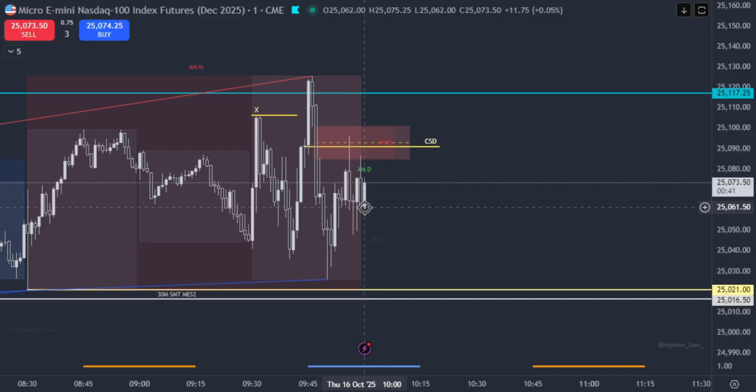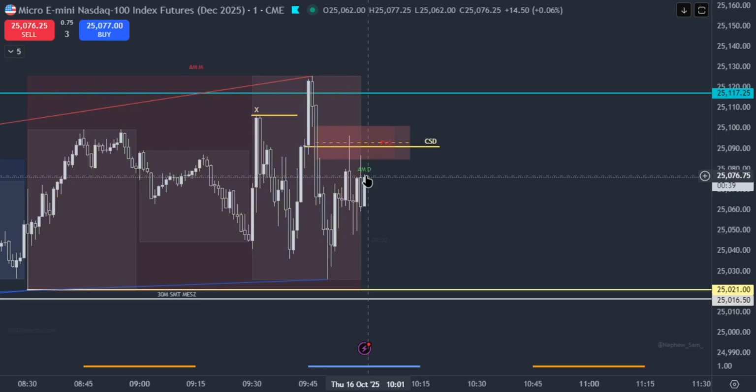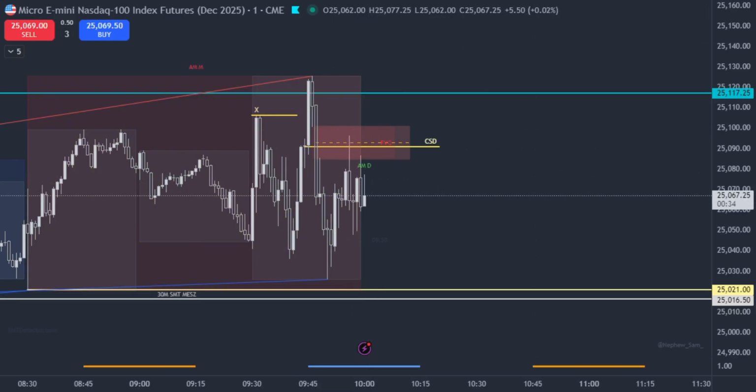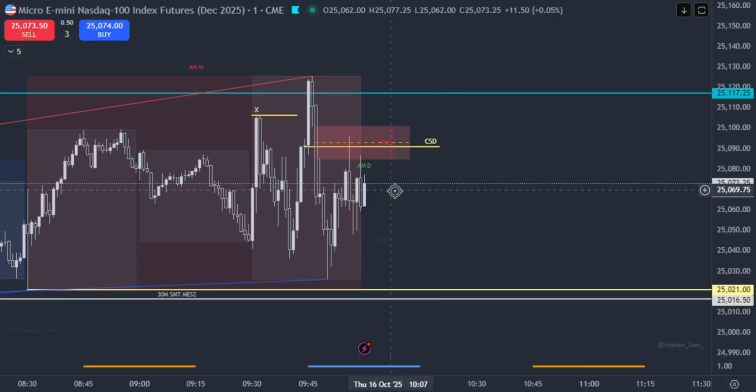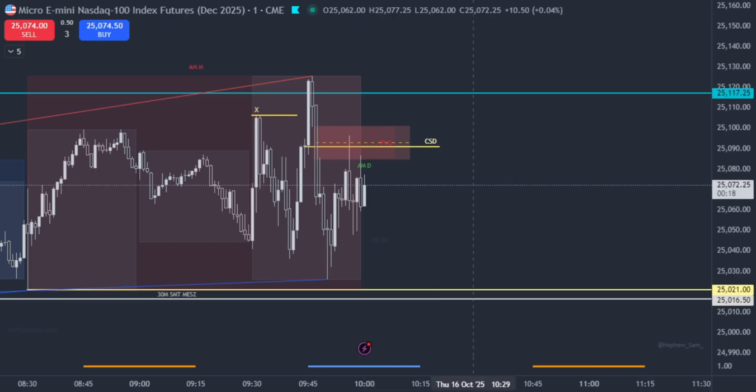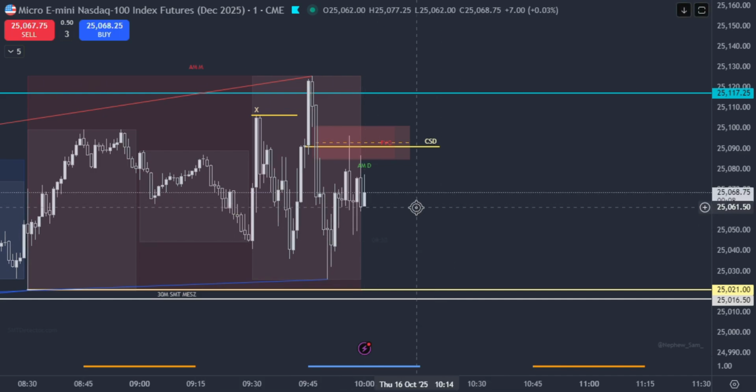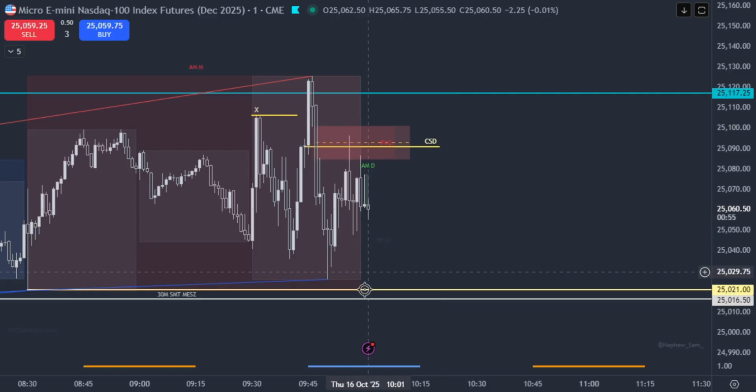So 10 o'clock is opening. I want to see at least a wick manipulation. It looks like it might just expand lower.